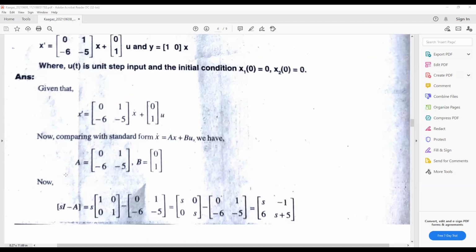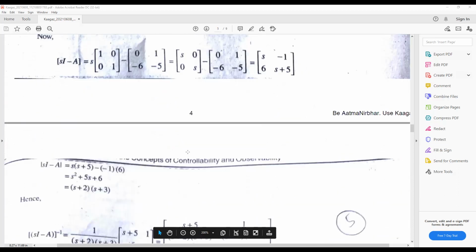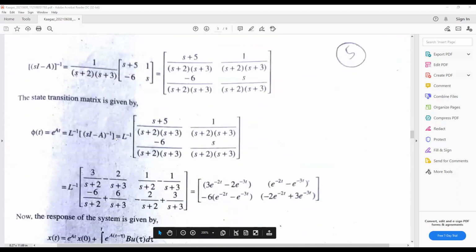Now what is the formula of the state transition matrix? Laplace inverse of (sI minus A) whole inverse. sI minus A is a 2 by 2 matrix, assuming the identity matrix is also 2 by 2, 1, 0, 0, 1. Find the roots s plus 2, s plus 3.